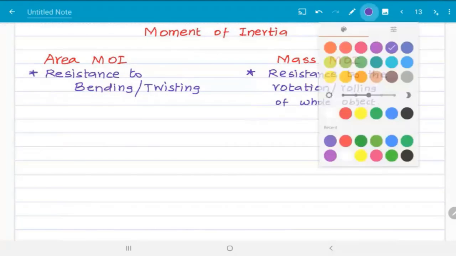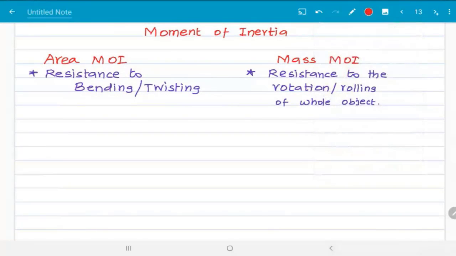Now, the general formula. I is equal to A K square. K is radius of gyration, A is area, right?